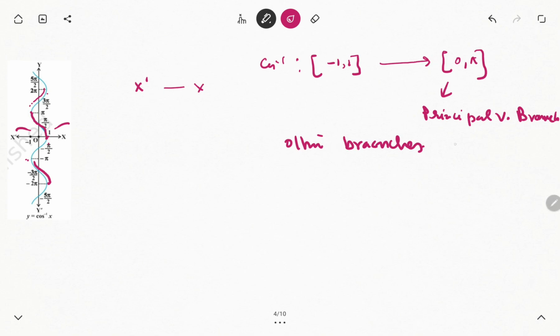So other branches will be pi to 2 pi, 2 pi to 3 pi, and 3 pi to 4 pi, and so on. With pi length you will get different branches.